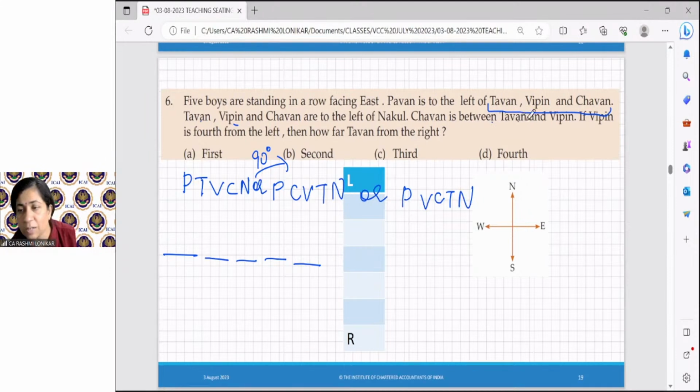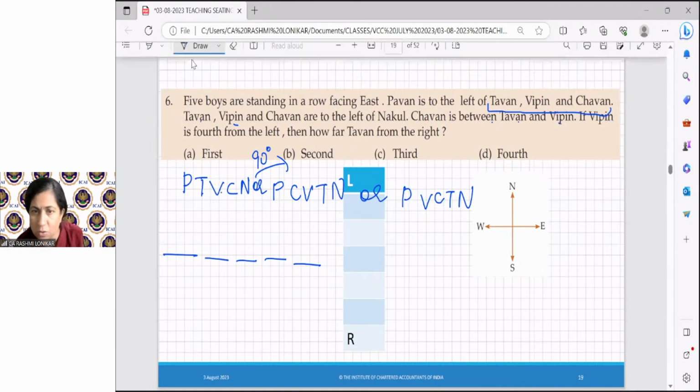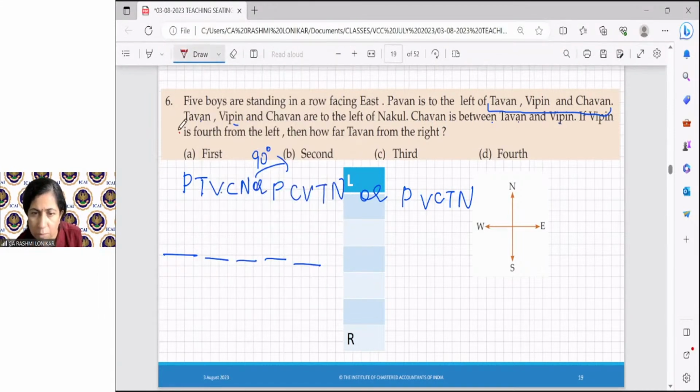Chauhan is between Tavan and Vipin. So this does not hold, because here Chauhan is not between Tavan and Vipin. So this is not there.